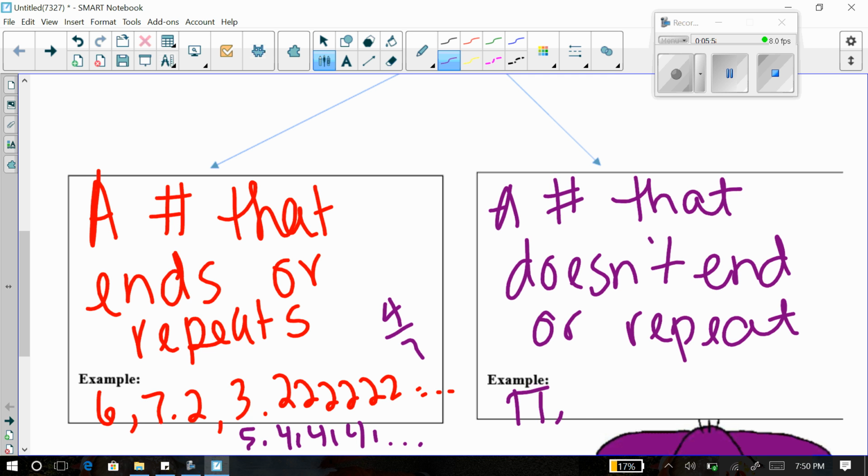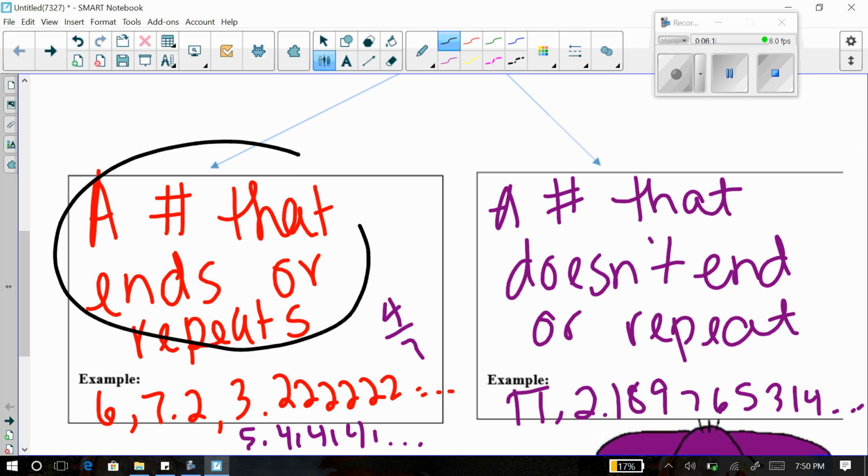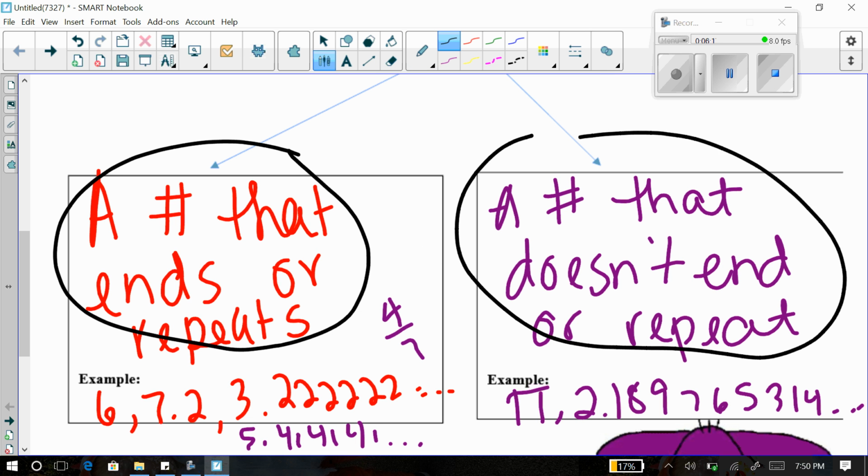Or a number like 2.189765314 dot dot dot. That number has no pattern to it. You can't guess the next number that's coming. These are the definitions I want you to use: a number that ends or repeats, a number that doesn't end or repeat. So there are questions using properties, and there are questions for rational and irrational on your Problematic. You have to complete up to zero.